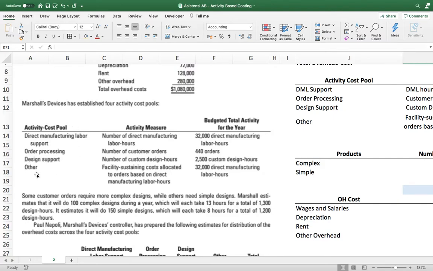And for each of the cost pools, it determines the relevant activity measure and also the budgeted activity. For example, for the direct manufacturing labor support, the relevant measurement is the number of direct manufacturing labor hours. And in a year, Marshall plans to use 32,000 direct manufacturing labor hours.